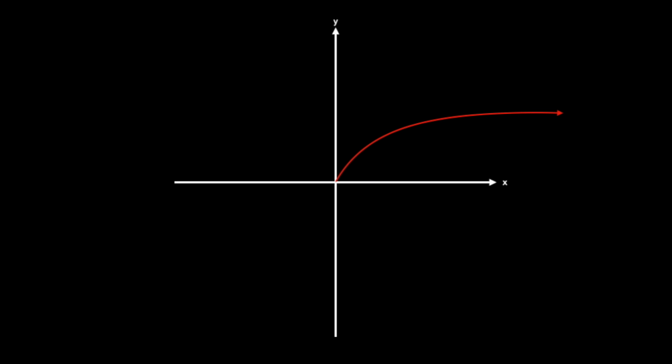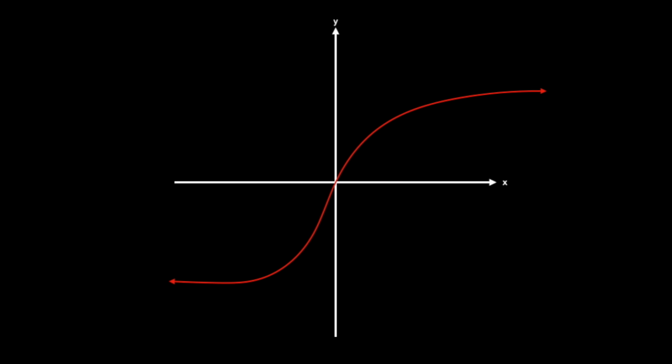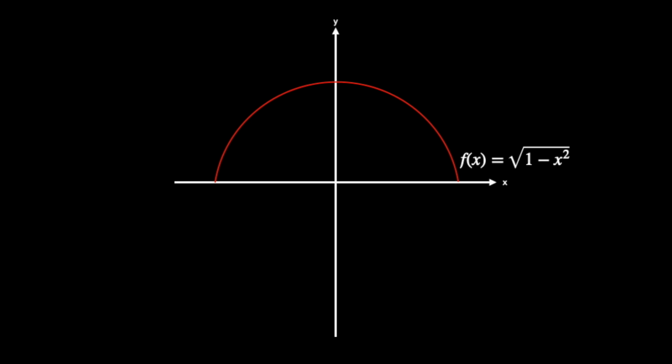F of x equals the square root of x. Likewise then, we also have f of x equals x to the power 3. F of x equals the cube root of x. F of x equals 1 over x. F of x equals 1 over x squared. F of x equals the square root of 1 minus x squared.